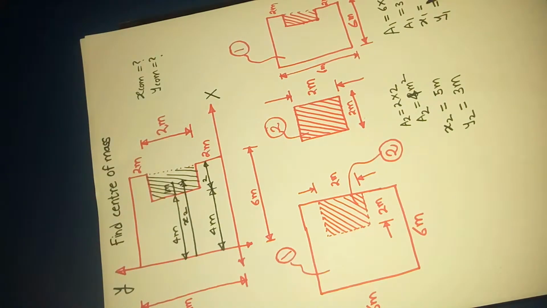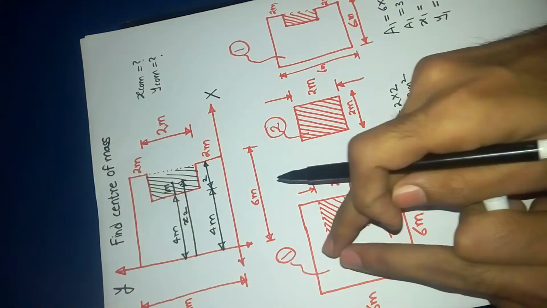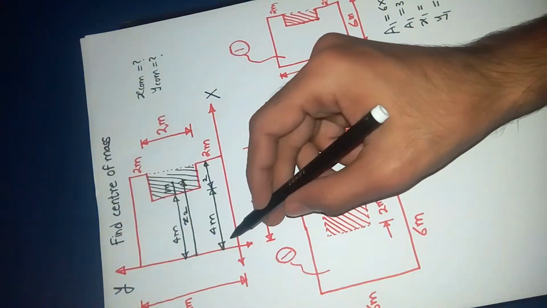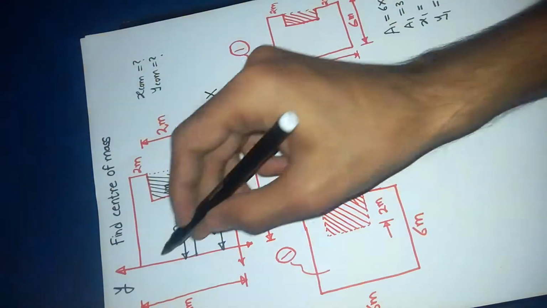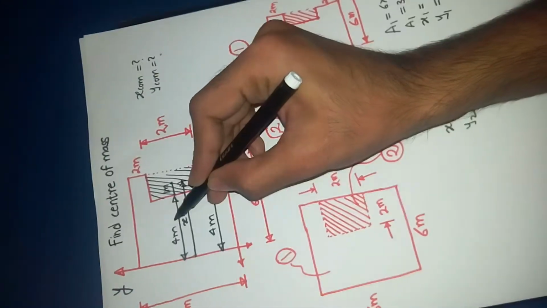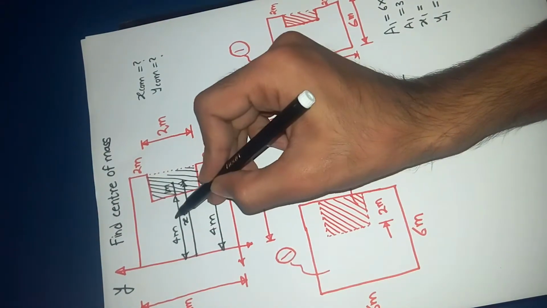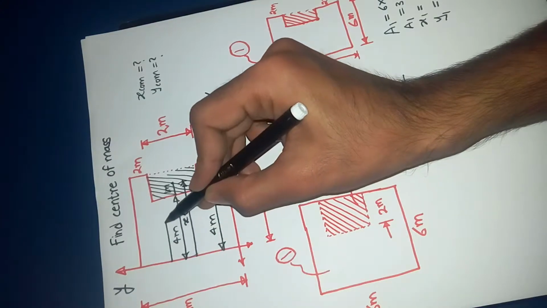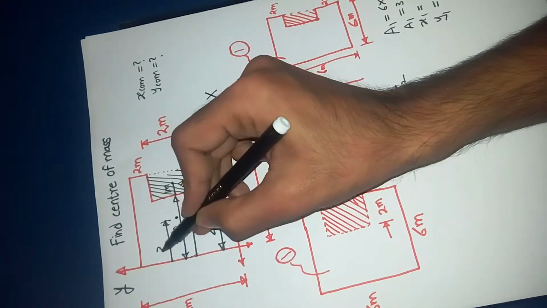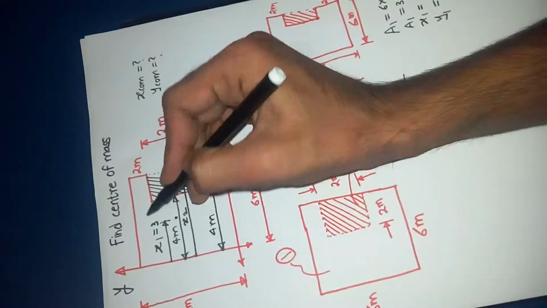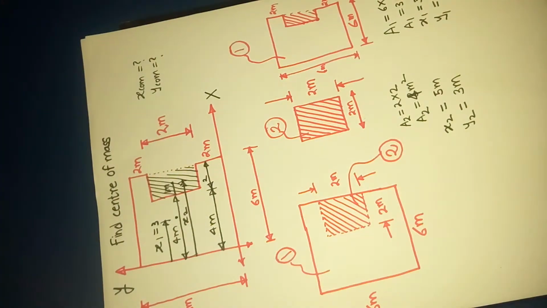Now it is time to calculate x1. X1 means you are calculating x for the square plate 6 by 6. For the whole plate, the center may be lying somewhere here. So the x distance of this point from the y-axis would be x1, and the total is 6, then half of it would be 3. So x1 is 3 meter.